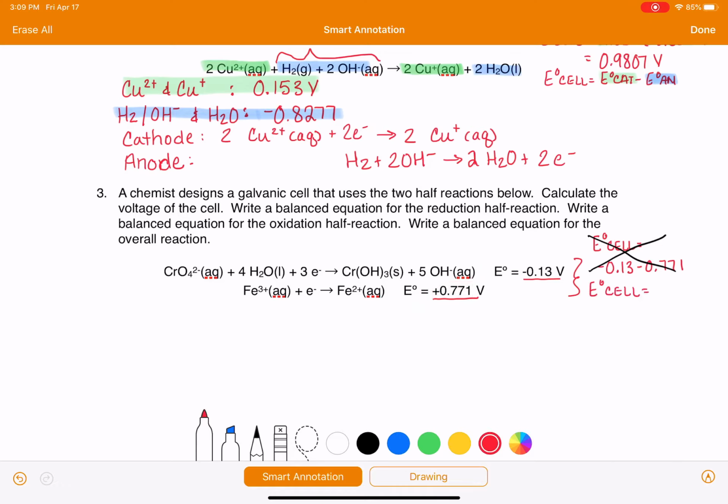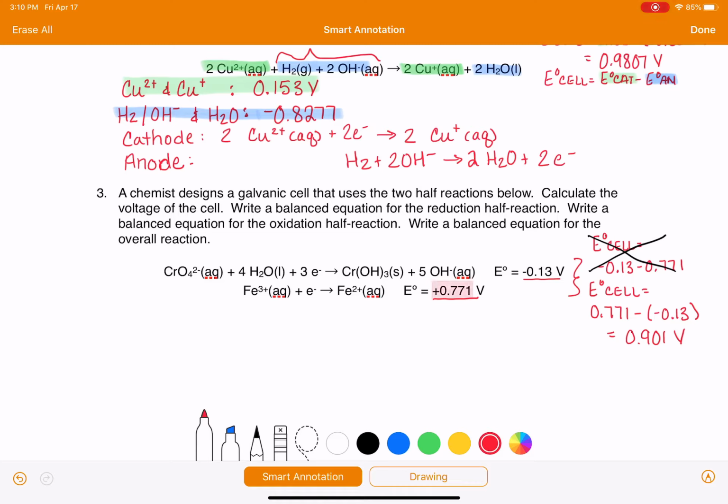E cell is 0.771 minus negative 0.13. The voltage for this always has to be positive. The electrons are always going to move in the positive direction no matter how you set it up. The voltage is 0.901 volts.